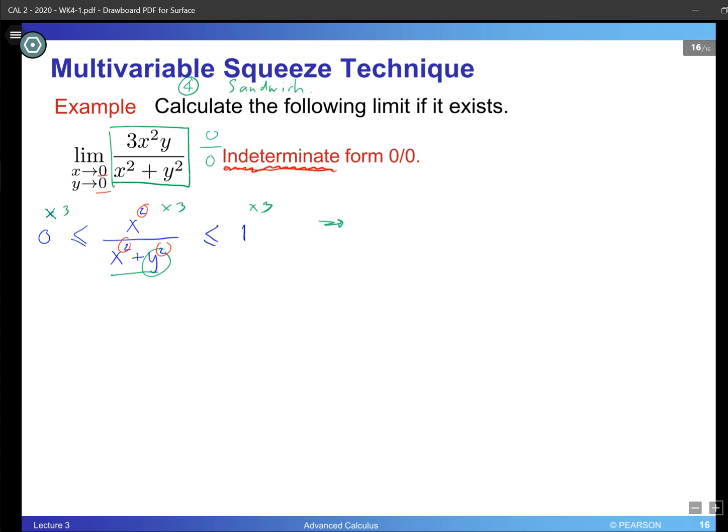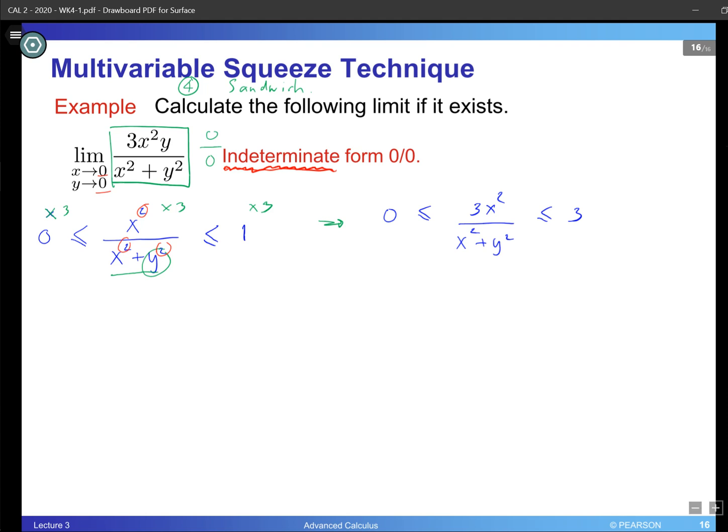So here I'm going to get the same 0 on the left-hand side, and here in the middle, I'm going to get 3x squared divided by x squared plus y squared. And on the right-hand side, I am going to get 3. Now, this starts to look like what we have in the example, but not yet.